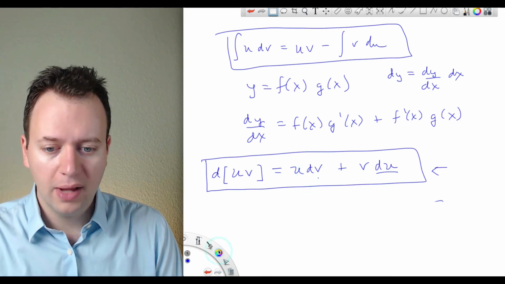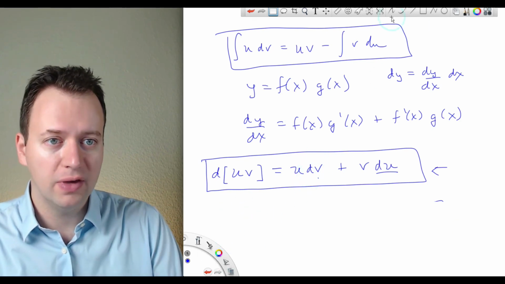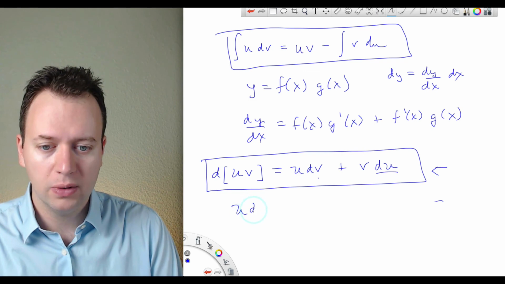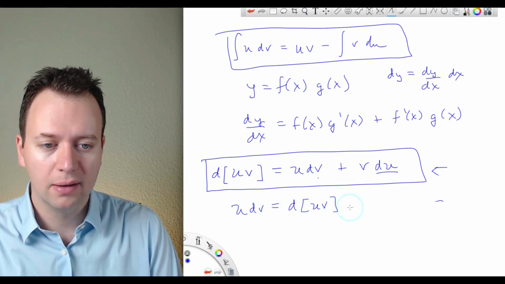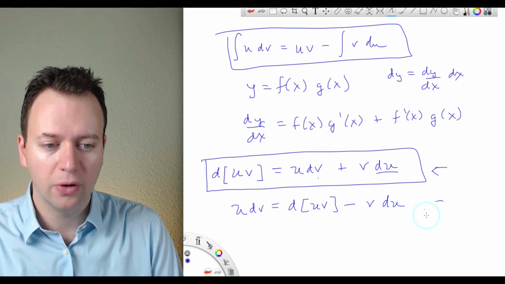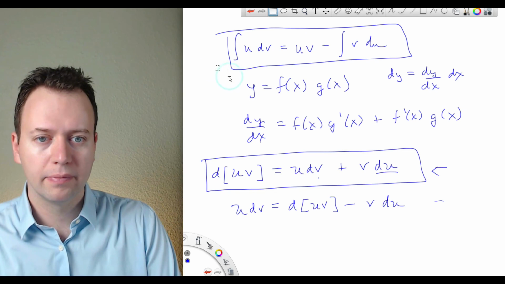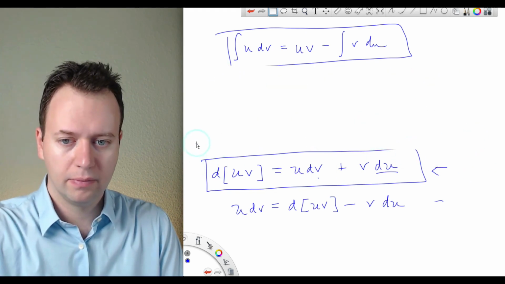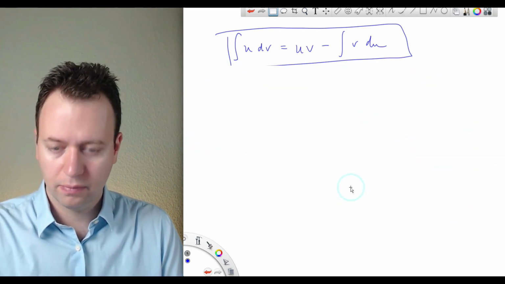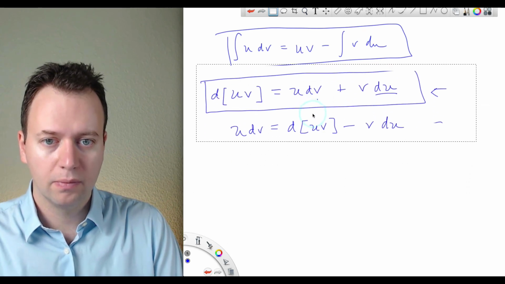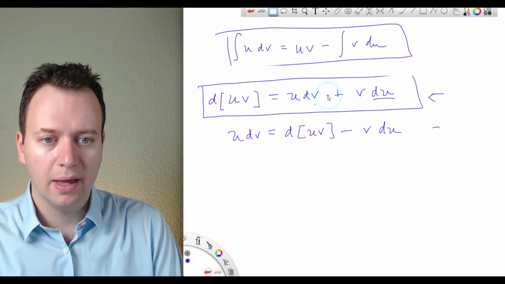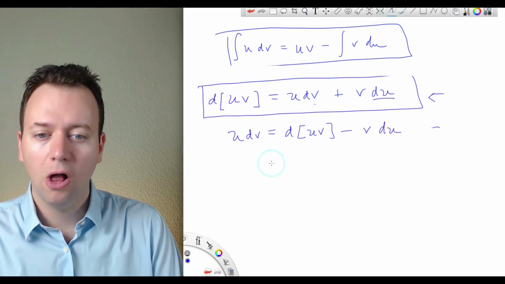So what we do next is we solve this for u dv. So I'm going to set u dv equal to the differential of uv minus v times the differential of u. Okay, so from this, all we need to do is integrate.